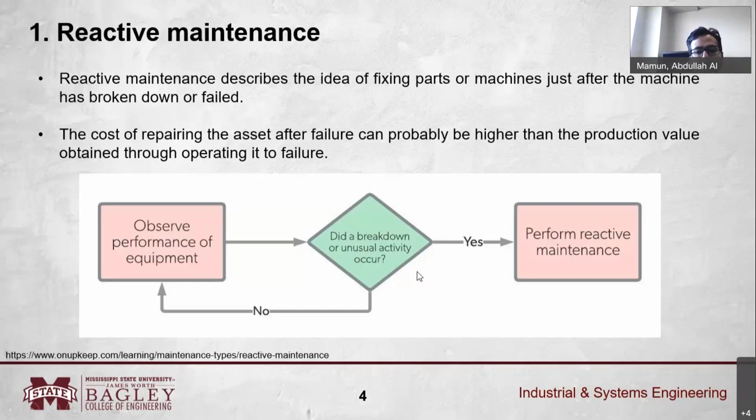For example, if a machine failure occurs, then there are two possible outcomes. If it occurs, that means we need to perform the maintenance. If not, then we keep running the machine, or we observe the equipment as it runs.